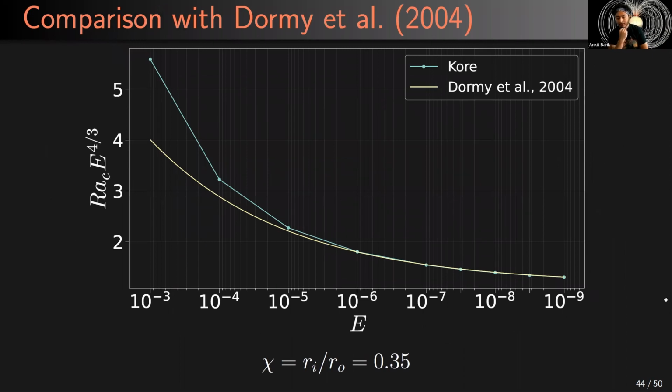Now, finally, we thought, why not compare against actual asymptotic theory? So Dormy et al. 2004 considers no slip and free slip boundaries in all cases, but for differential heating, they only consider one shell thickness, and so they actually provide some values which we can use and plot, and they match up very nicely with our results.